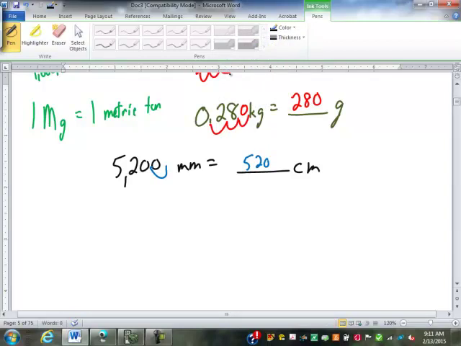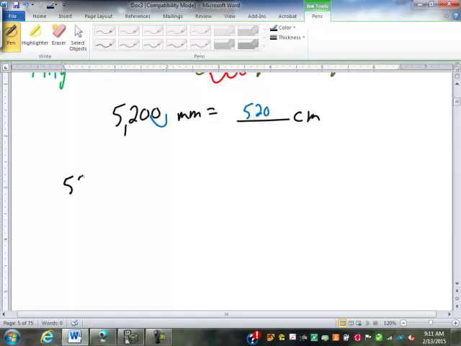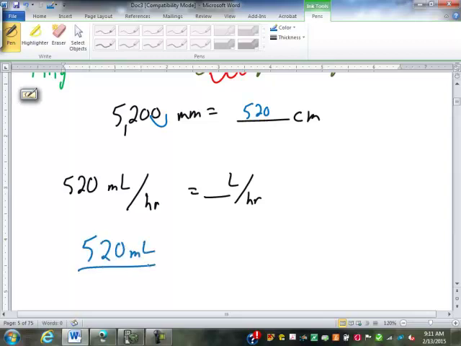Well, I already showed you that example of miles per hour and doing that conversion with standard units. In metric units, what if I'm trying to do that? What if I have something like 520 milliliters per hour? How do I make that conversion from milliliters per hour to, let's say, liters per hour? H is the abbreviation for hour. This is 520 milliliters over 1 hour.